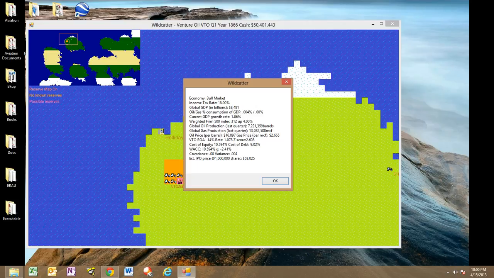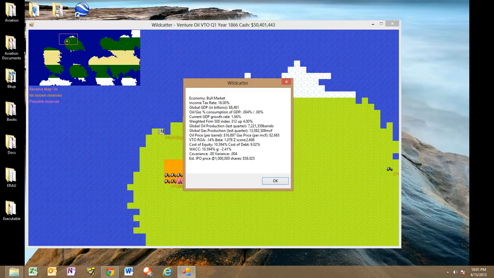It's an important factor because the simulation uses the capital asset pricing model to calculate the cost of equity, and the cost of equity goes into the weighted average cost of capital, and all these numbers are displayed here on this little dialog box. The cost of debt is determined by a z-score of different liquidity ratios.